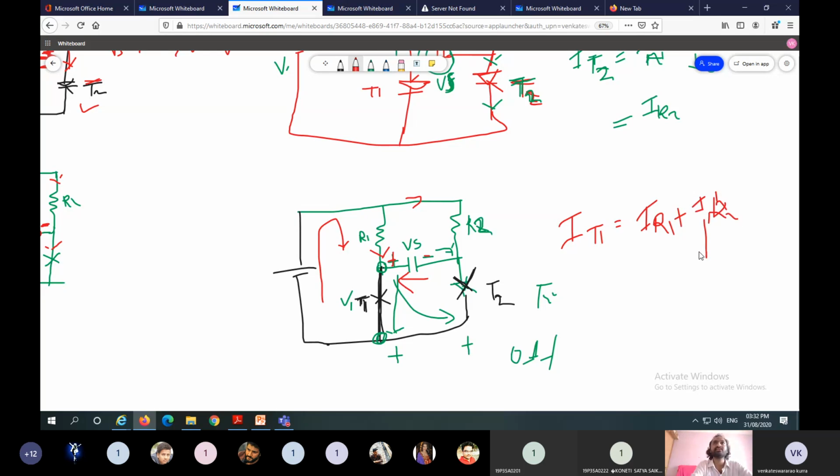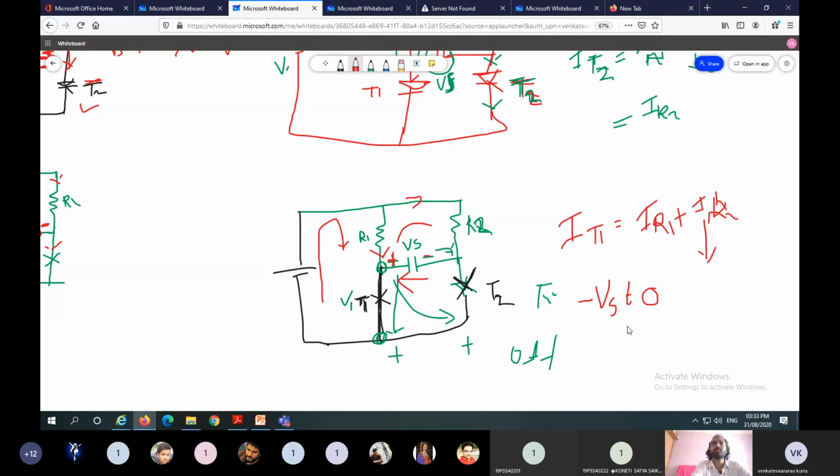Here IR2 current is divided into two parts because during discharging there will be some flow of current, and the voltage across the capacitor changes from minus Vs to 0.